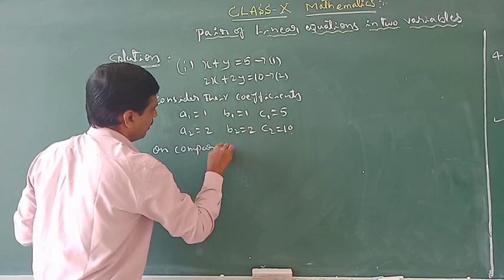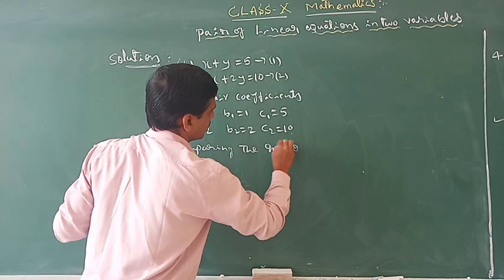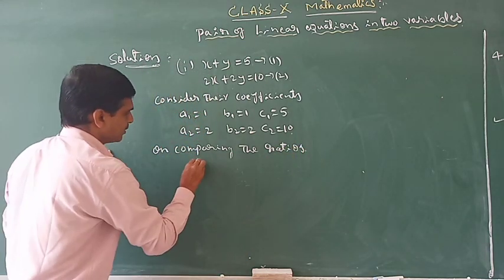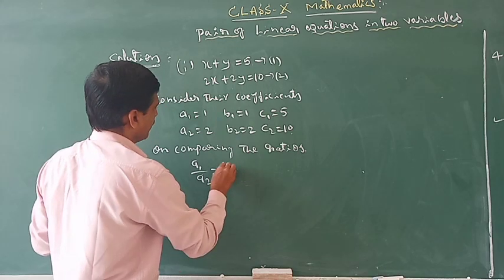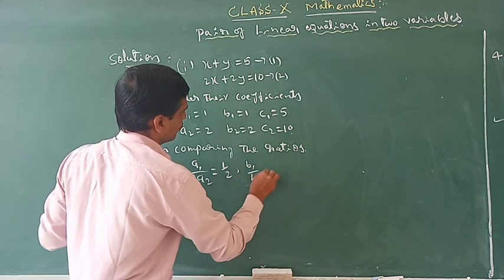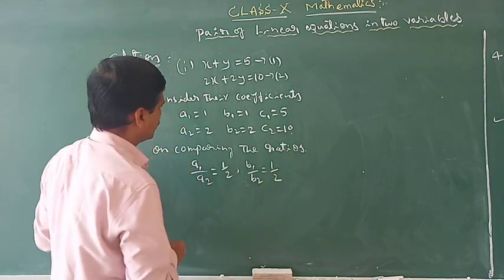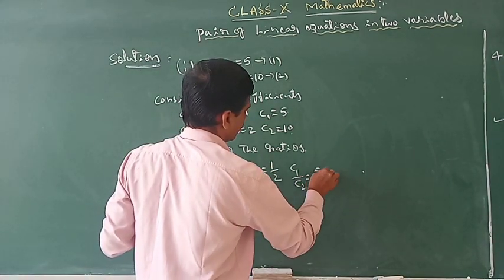On comparing the ratios of the coefficients: A1 by A2 is equal to 1 by 2, B1 by B2 is equal to 1 by 2, C1 by C2 is equal to 5 by 10.